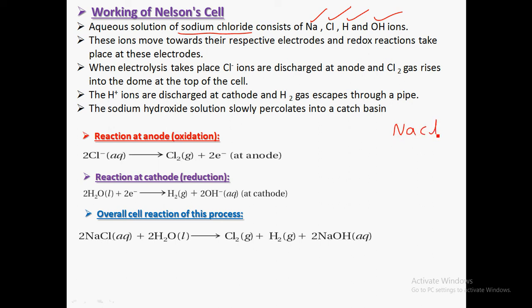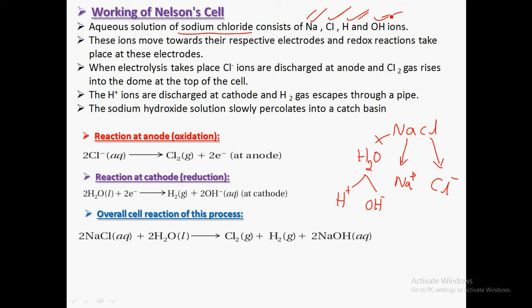NaCl, when you add it to water, changes to ions. Na plus, Cl minus, and the water changes to H plus and OH minus. You can see 4 ions here.